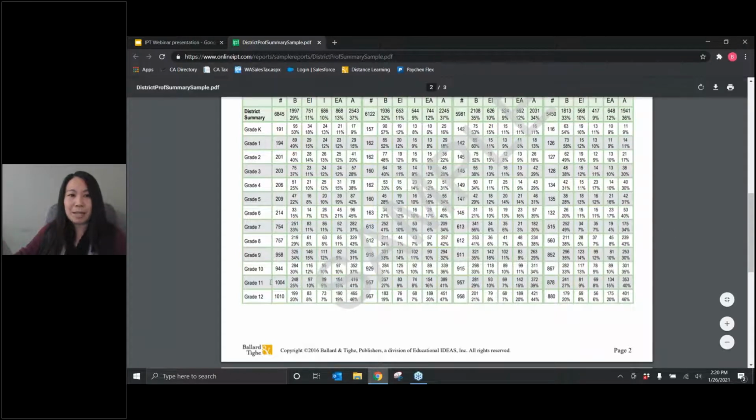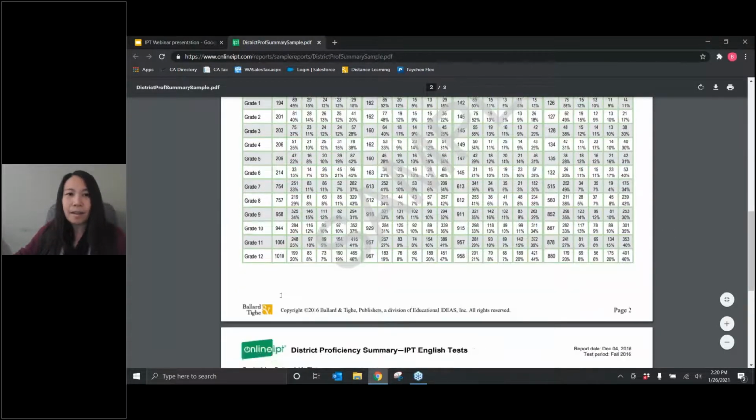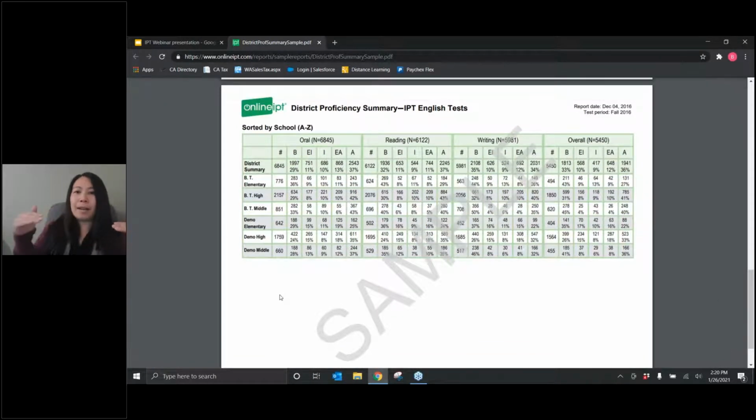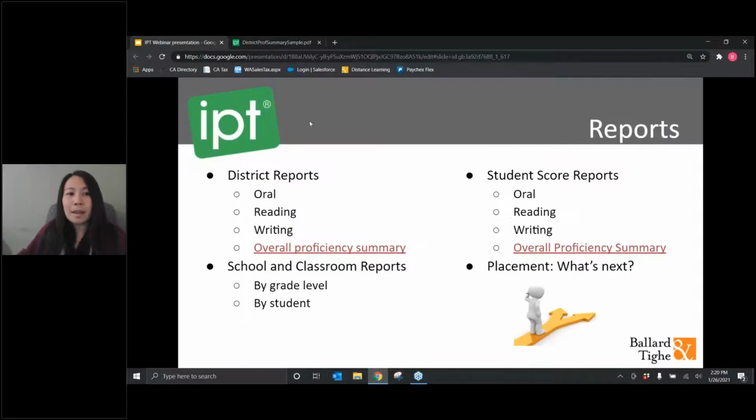This one seems to be a lot at the higher grades. You can also see how schools are being compared to each other, or just in general, maybe one school has more ELs than another, or how they're doing in the different skill levels or overall.